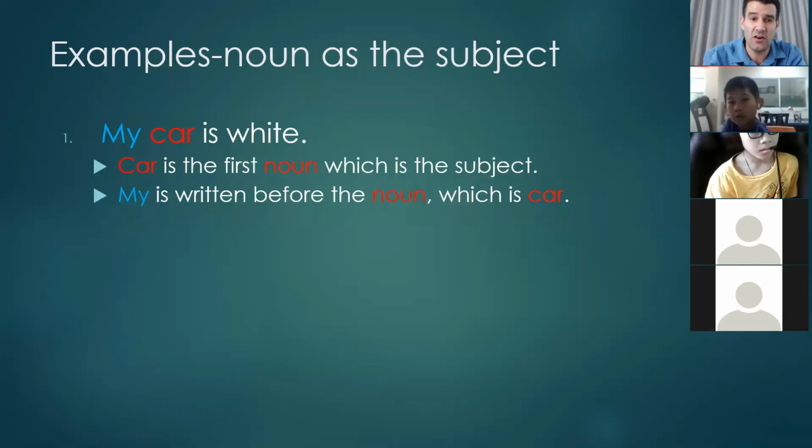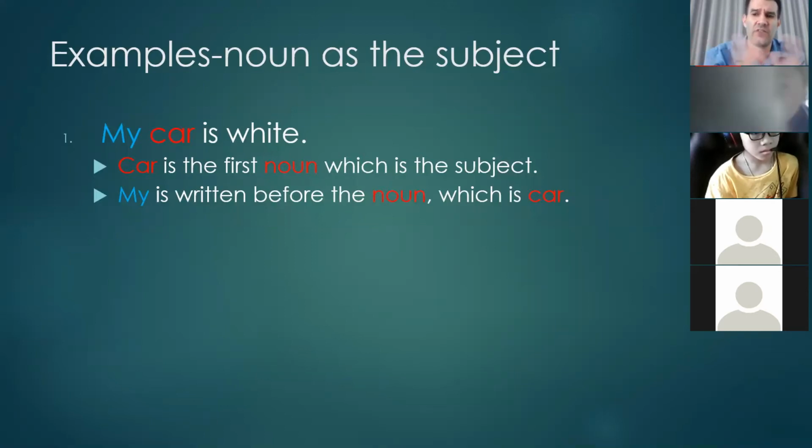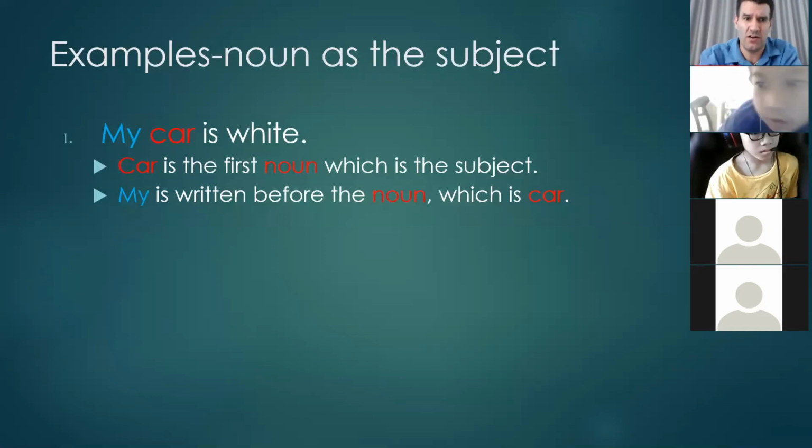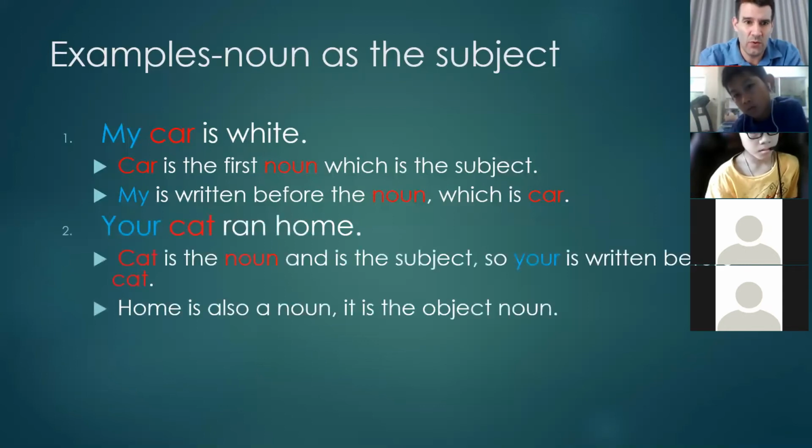You must write my car is white. I know in Thai you say after, but in English you would say it first, before. My car. You cannot say car my or car I. Car me. You cannot say. You must say my car. Say it before.